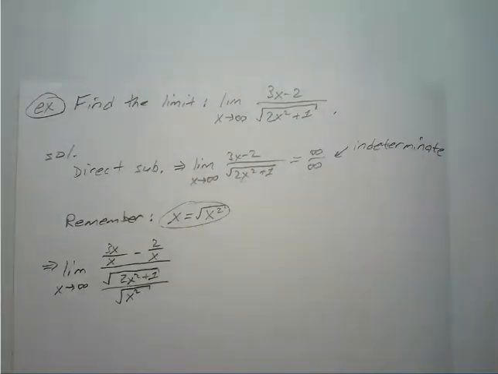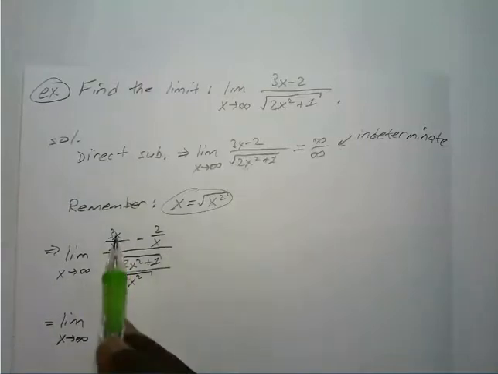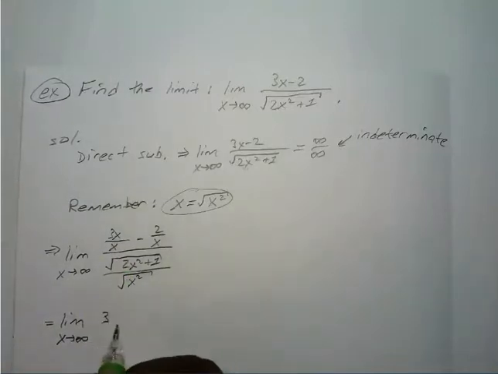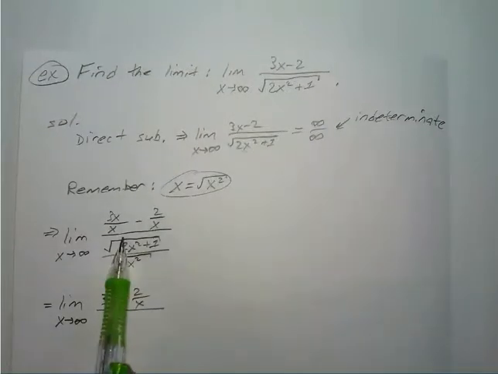Alright. Now, we go ahead and simplify each one of those. Limit as x approaches infinity. The x's cancel out, so here we just have 3 minus 2 over x divided by, when you have a square root divided by a square root, you can just combine them under one umbrella root.